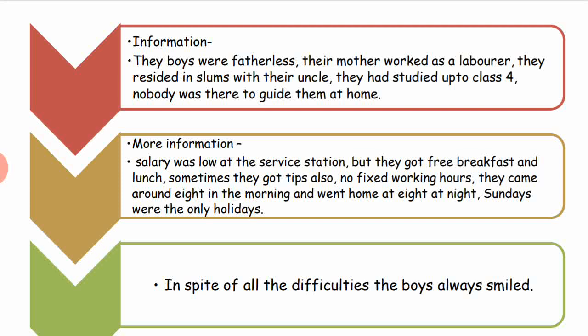Firstly, the boys were fatherless. Their mother worked as a laborer. Her mother worked as a laborer means physical labor her mother was giving. Because they were very poor, you can understand, as they were working in the service station, they were not having enough money. So the mother was also a very uneducated person.